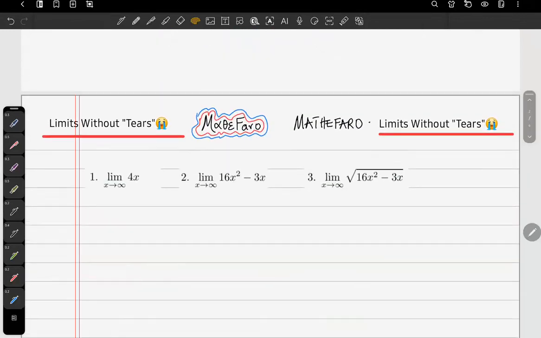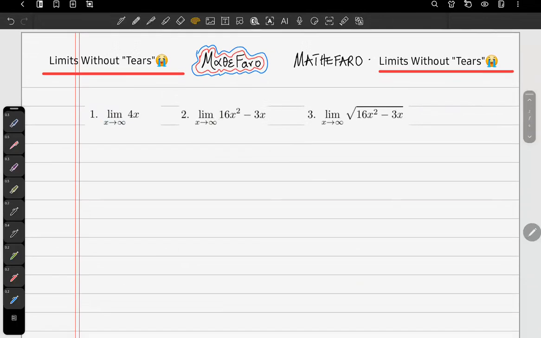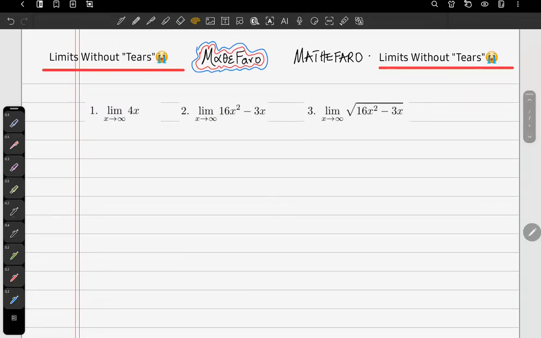Before we go too far, let's remind ourselves what the concept of limit is. When we ask for the limit of a particular function as x approaches a, we are asking for the output that f of x is approaching as the input x approaches a specific value a.